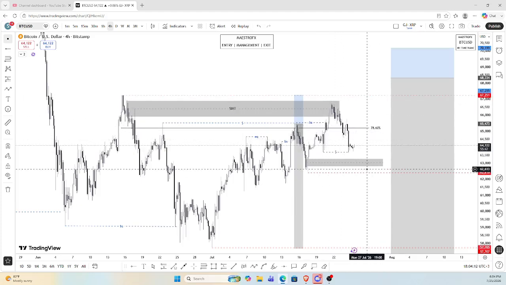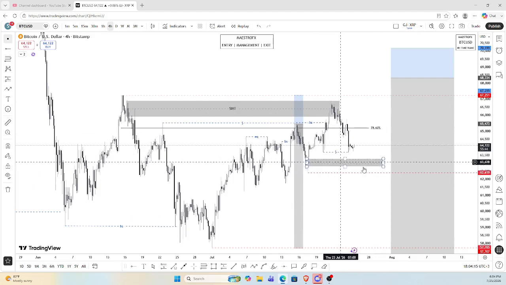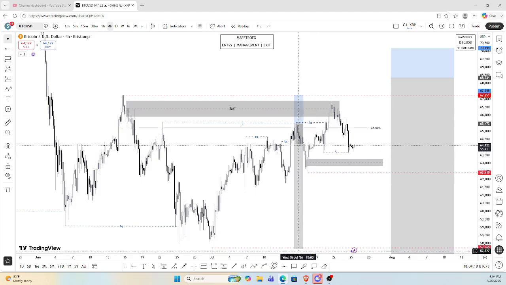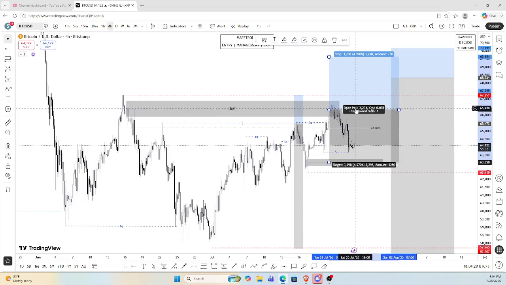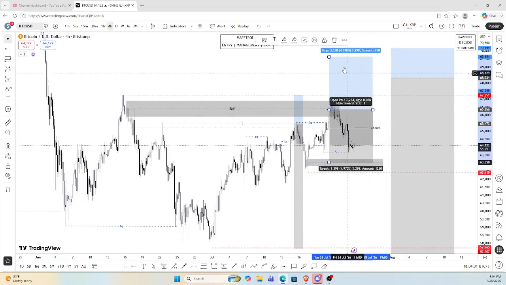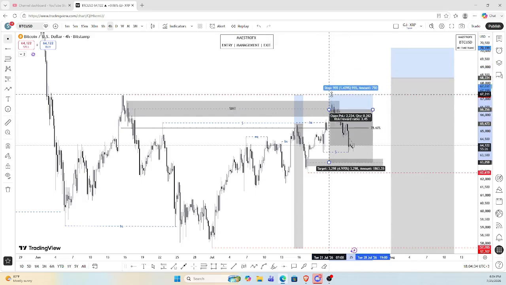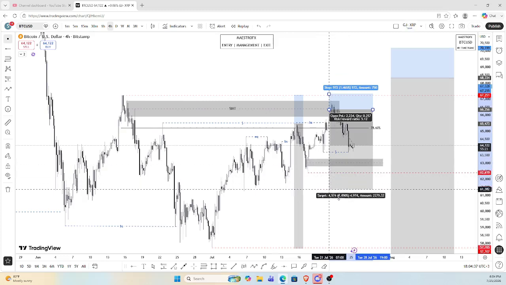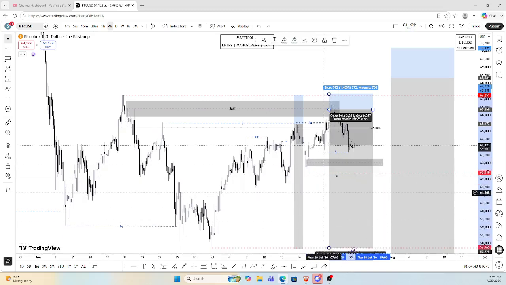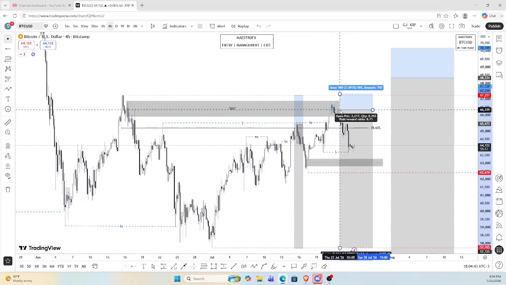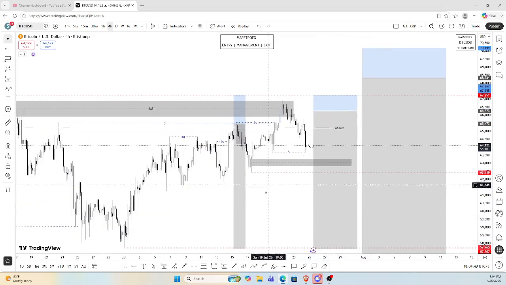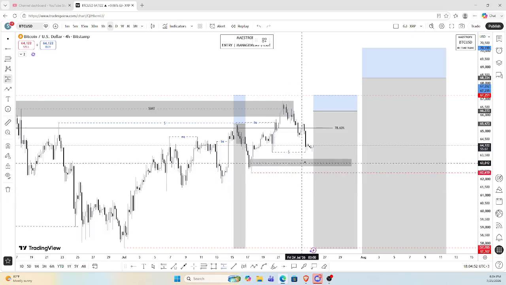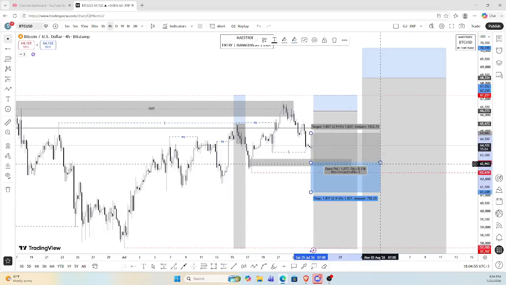And for this case, if you took these shorts from this high and your stop loss was this swing high, still those setups are very valid setups.